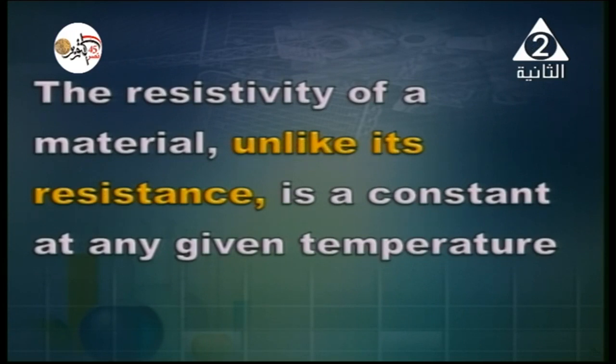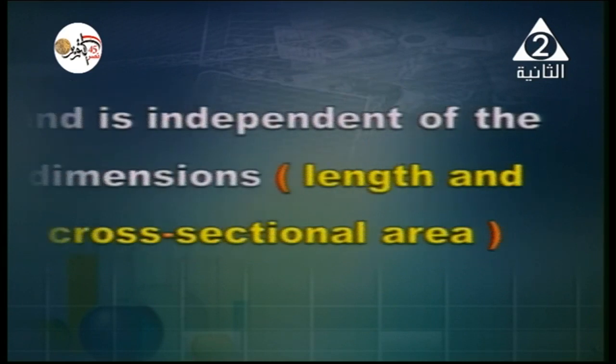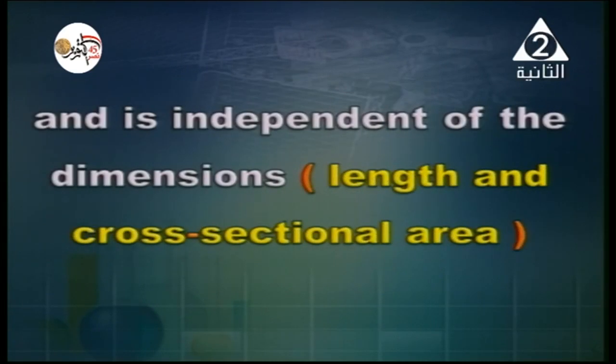Resistivity depends on two factors: temperature and the kind of material. So if the temperature is kept constant, it changes only when we change the kind of material. Once again, resistivity of a material is a constant at any given temperature and is independent of the dimensions of the wire.